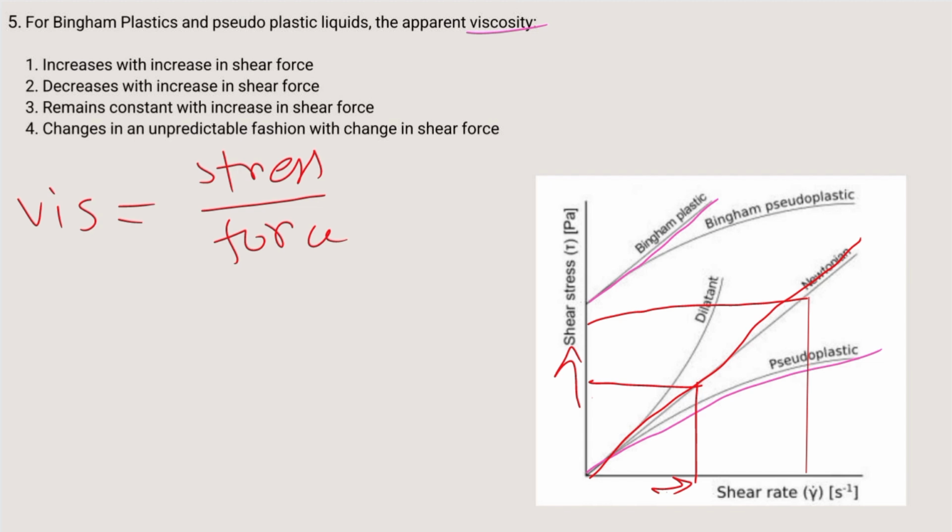And the next one is the pseudoplastic. After a certain shear rate, it reaches a plateau. That means it is getting saturated. However much shear rate you give, the force you apply, it is not able to produce more shear stress.